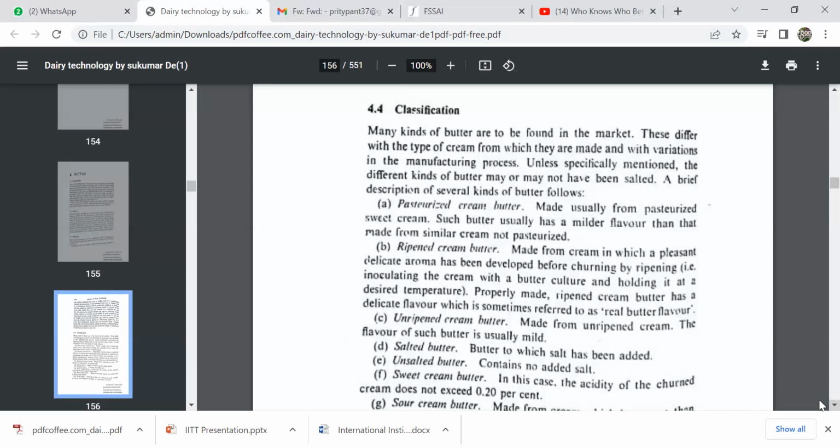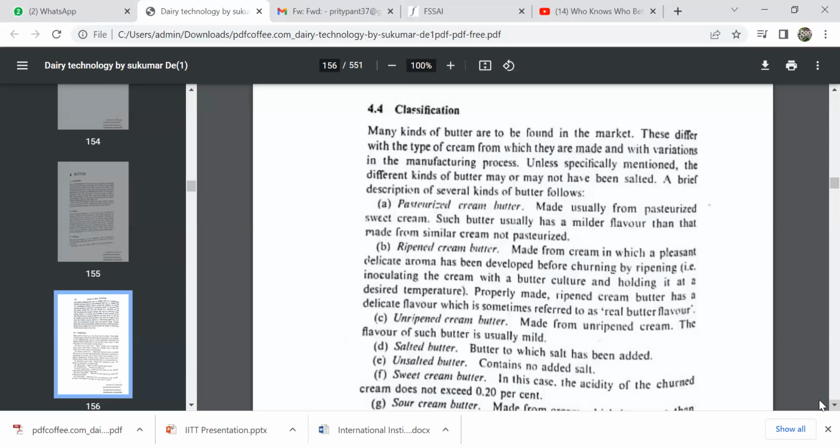And sour cream butter is prepared from the cream which has more than 0.20% acidity. This is something to remember, sweet cream butter and sour cream butter. Okay, so in sweet cream butter the acidity of the cream will not be more than 0.20%, and sour cream butter is prepared from the cream whose acidity is more than 0.20%.